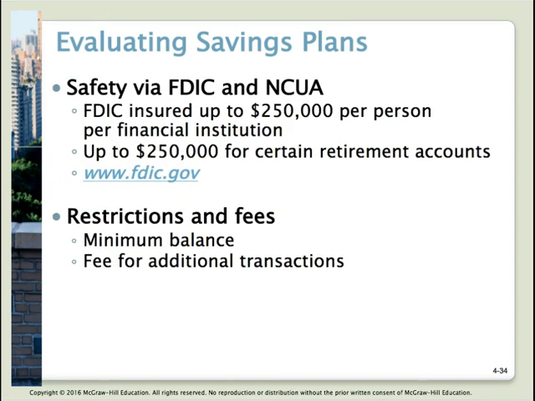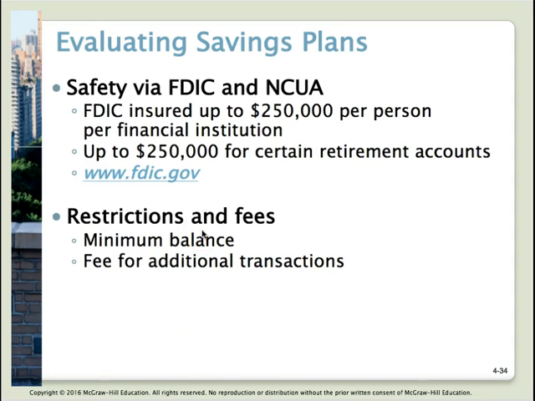And finally, the slide that I keep referring to: you need to understand how your funds are protected if the financial institution that has your money fails. And that's where your FDIC comes in. This is the safety aspect of evaluating your savings plan, and FDIC is usually on banks, and the NCUA is on credit union associations.